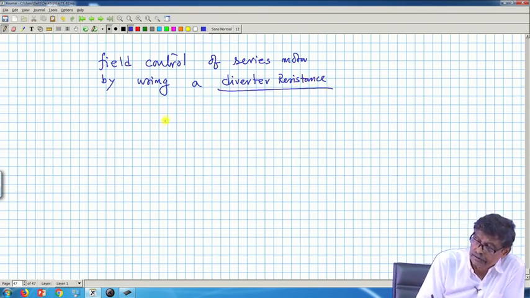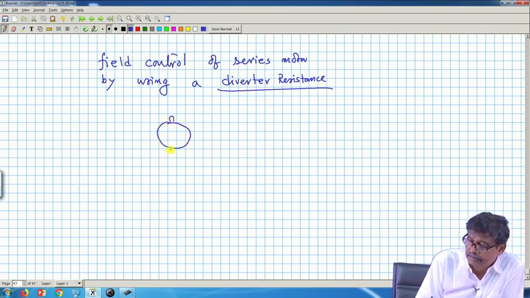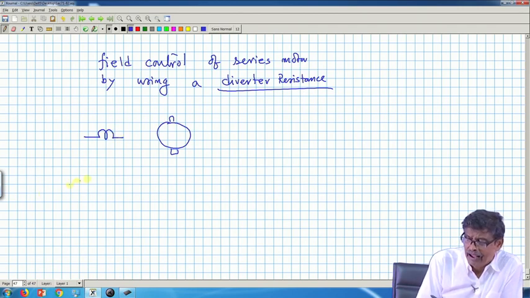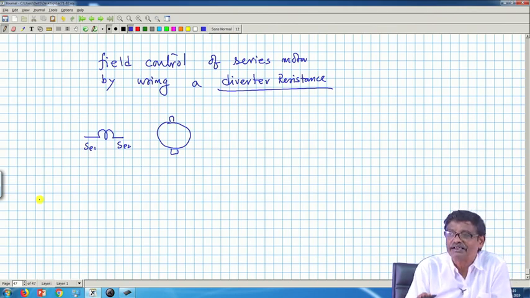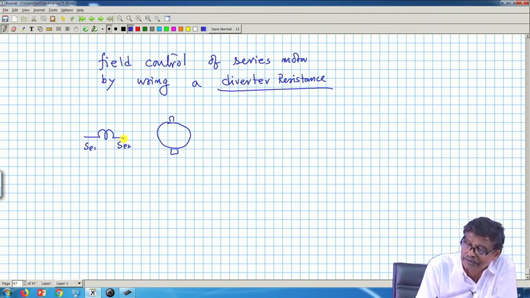What is it? This is the motor and this is our original field, where I have not separated the coils; at least two coils are there, and they are connected in series, as I told you.